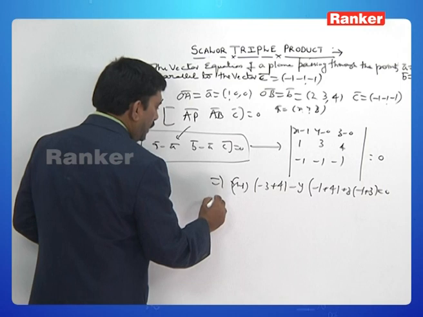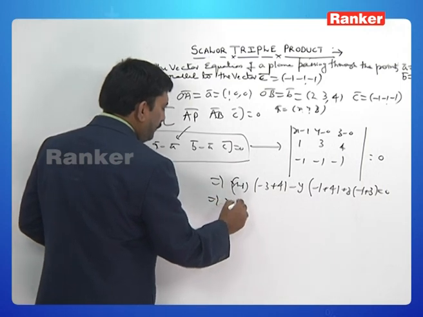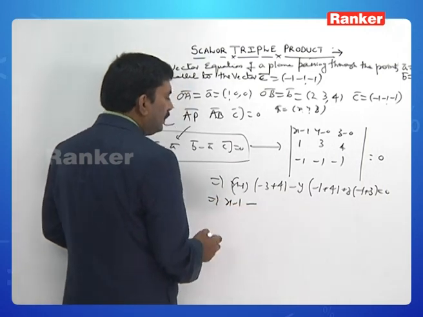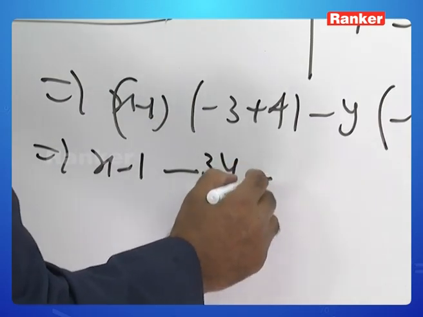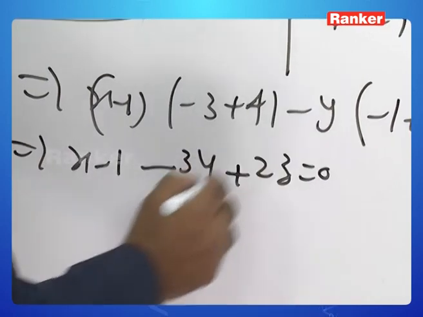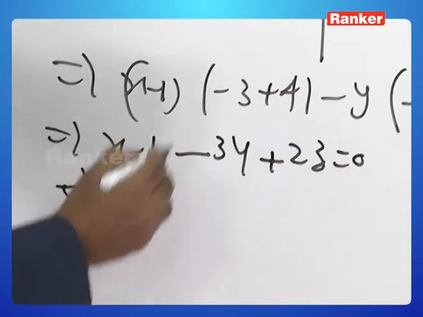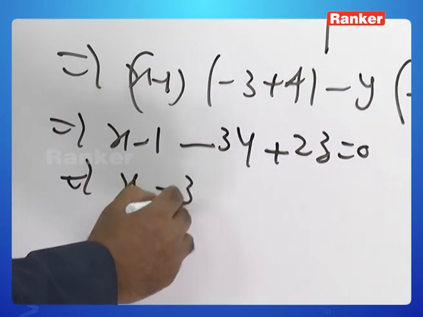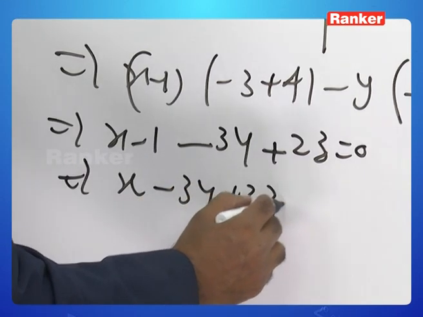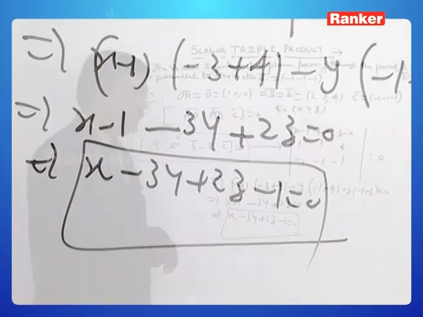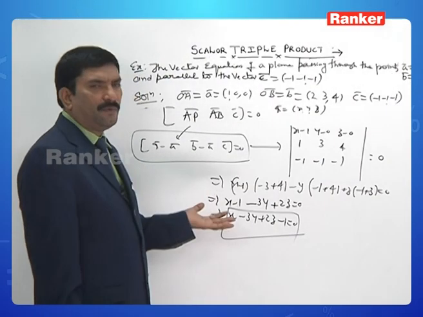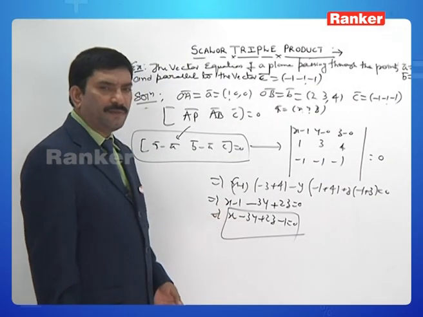So I can write X minus 1, next minus 3Y, next plus 2Z is equal to 0. Therefore I can write X minus 3Y plus 2Z minus 1 is equal to 0, which is the equation of a plane. If you substitute in terms of vectors, you will get the vector form. This is the Cartesian equation of a plane.